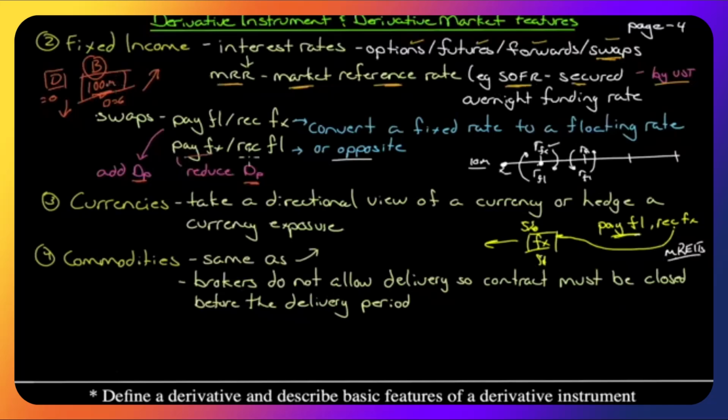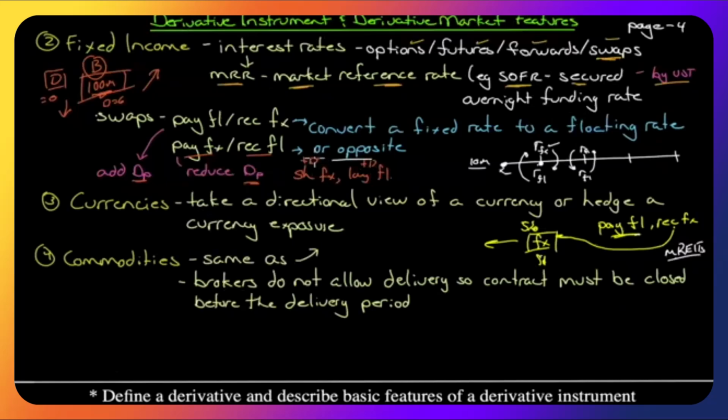Well, that's what a pay fixed, receive floating swap will do. It reduces duration. Because if you're paying fixed, it's equivalent to being short a fixed rate bond and long a floating rate bond. Well, the fixed rate bond will have positive duration, very high duration. The floating rate bond will have positive duration but very low duration.